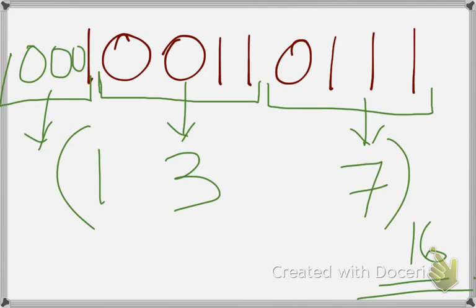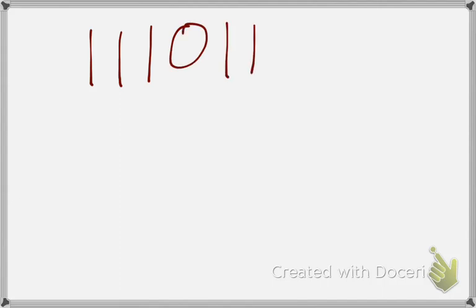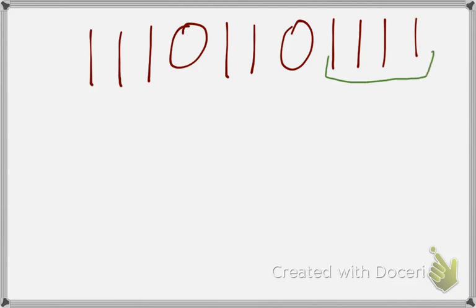Let me take another example to make things more clear, so that you can actually get the grip of some alphabetical numbers too. So 1101101111. Now, starting from the right, I'm going to take 4 digits, 4 digits, another 4 digits, and another 4 digits.